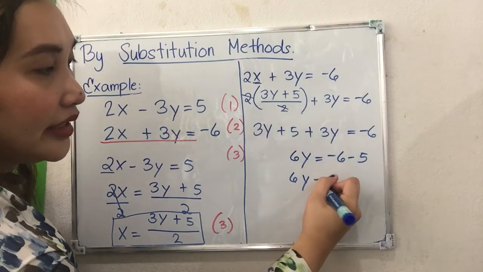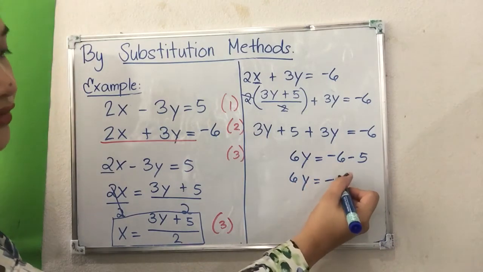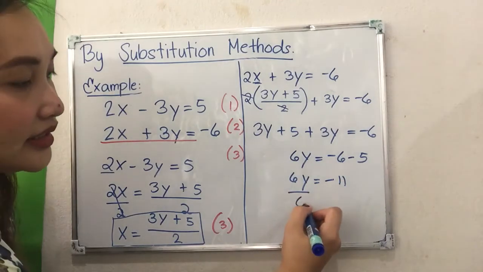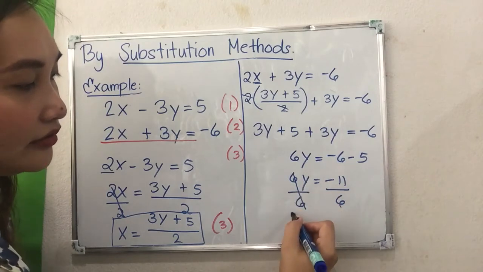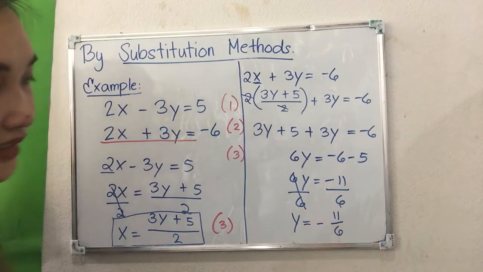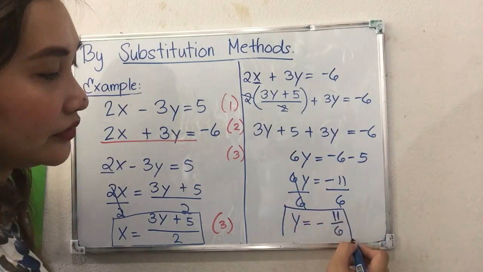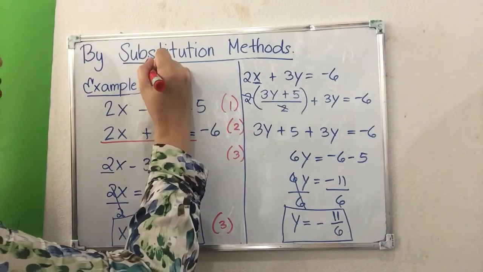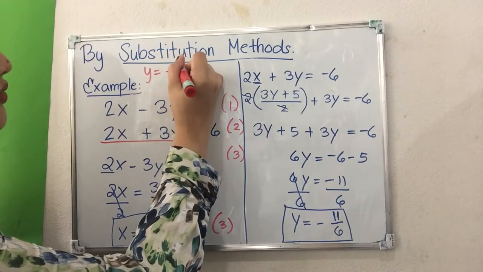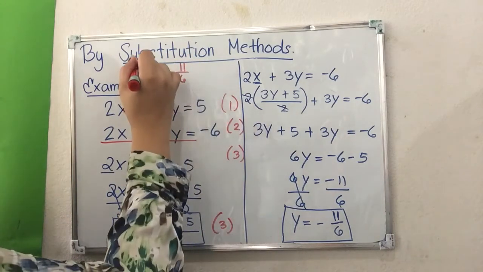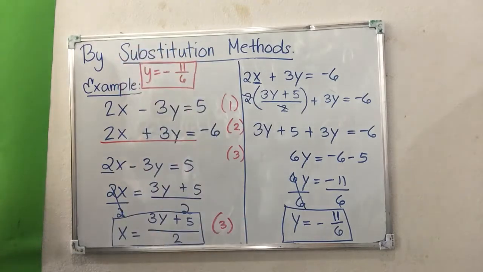So 6y is equal to negative 11. Now divide by 6, divide by 6, so we have y is equal to negative 11 over 6. Let's write here the value of our y: y is equal to negative 11 over 6.